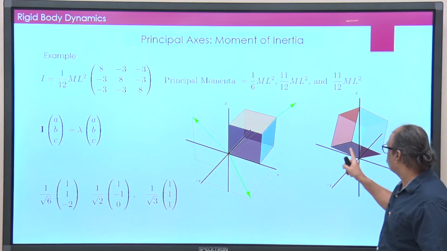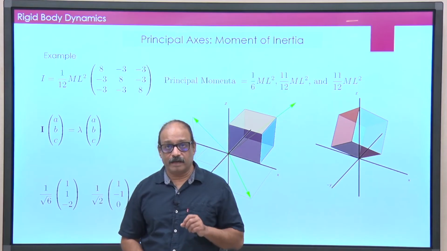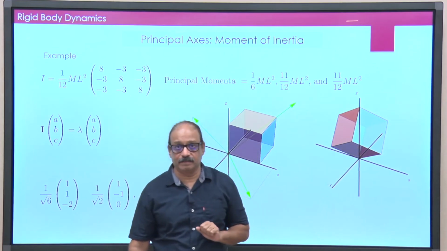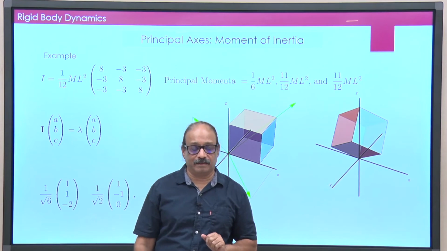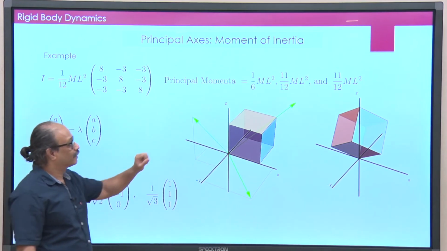So, if you keep this system and calculate the moment of inertia tensor of this configuration, it will be a diagonal matrix, and it will be a diagonal matrix with which diagonal entries?